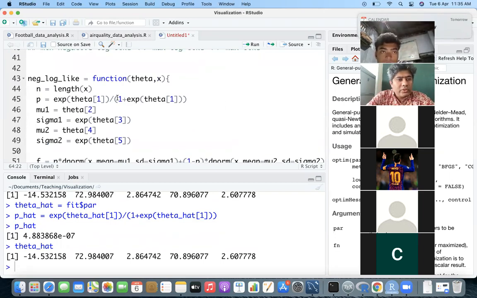I don't know why it is doing that. Sometimes optimization is a bit of a challenge.